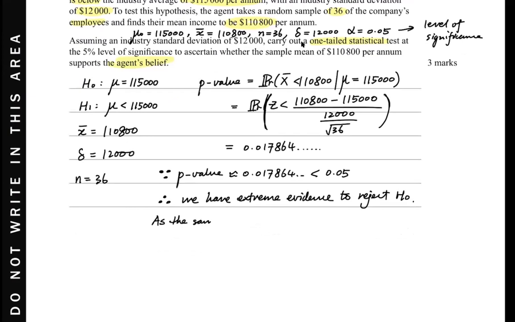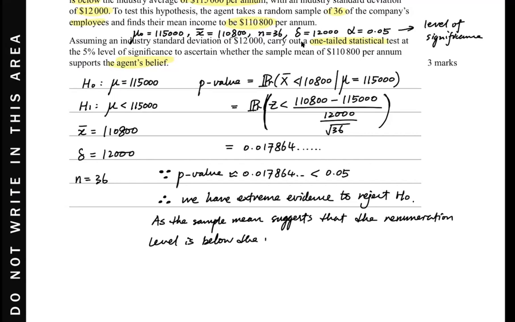As the sample mean suggests that the remuneration level is below the industry average, too low, the sample supports the agent's belief.